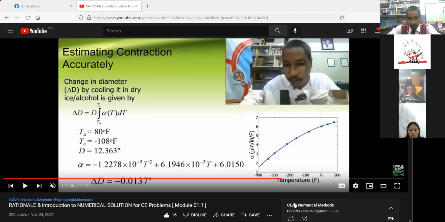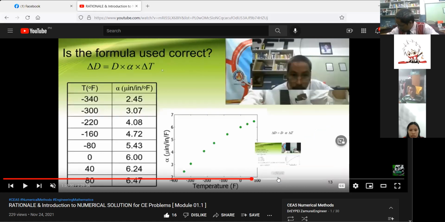So there is a discrepancy. I will show you in our table. The tabulated value, which is given by this example, is 1.53 here in this table, 4.72 and 5.43.